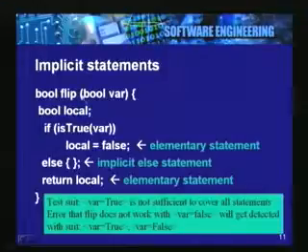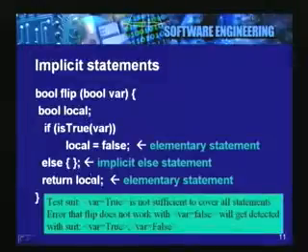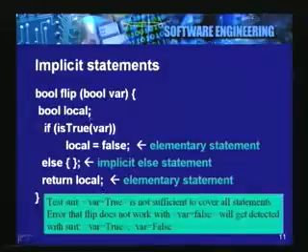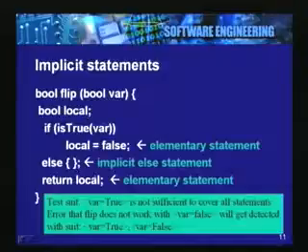So, if var is false and the value of local is assigned some default, this may not work correctly. For example, test suite var equal to true is not sufficient to cover all statements. Now, if you assign local equal to var in the first statement, and simply return local as it is, then you will not get the correct value.